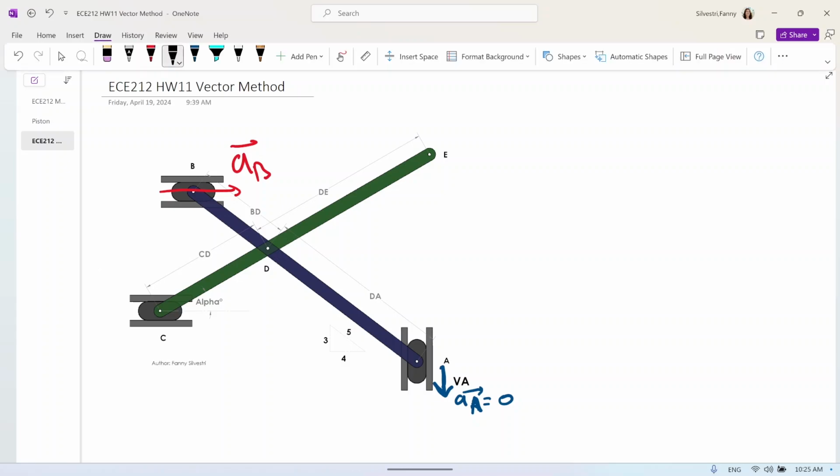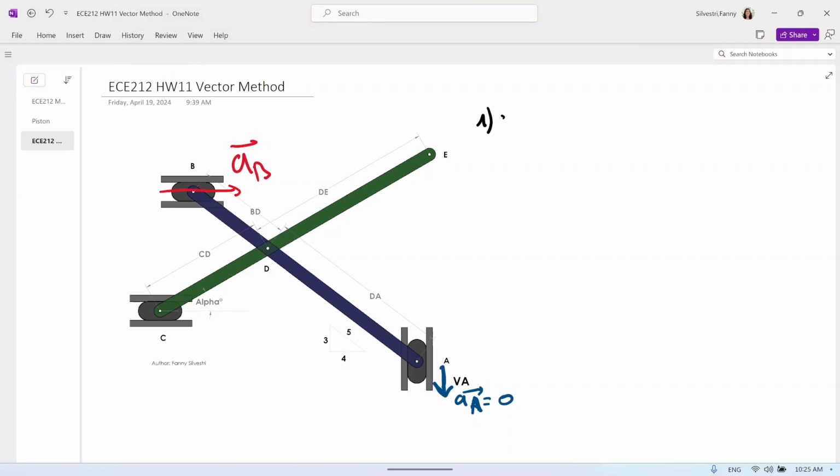So number one, we do AB as a vector equal AA plus alpha of the rod ABD cross RB about A minus omega ABD square RB about A. And this one is a multiplication between a scalar and a vector.